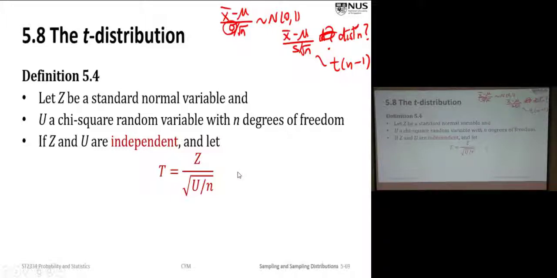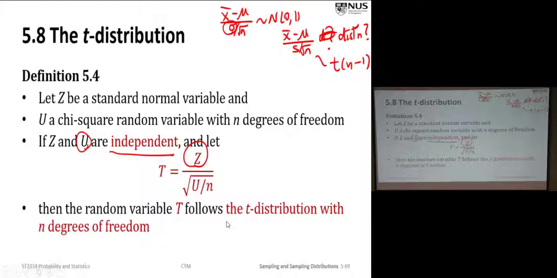We can show that if you have a standard normal random variable Z, and an independent U, which is a chi-square random variable with degrees of freedom n, then the function Z over square root of U over n, which we define as T, will follow a T distribution with n degrees of freedom.